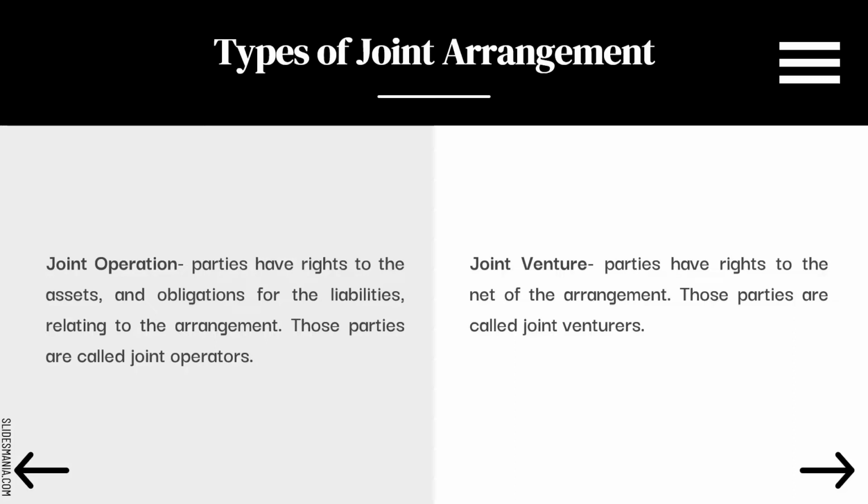Tapos ang tawag mo sa parties na may control sa joint operation is joint operators. For JV naman or joint venture, wala kang specific rights sa specific assets or wala kang specific obligations sa specific liability. Rather, meron kang rights to the net assets as a whole. So, ang tawag mo sa parties na may control sa joint venture is joint venturers.